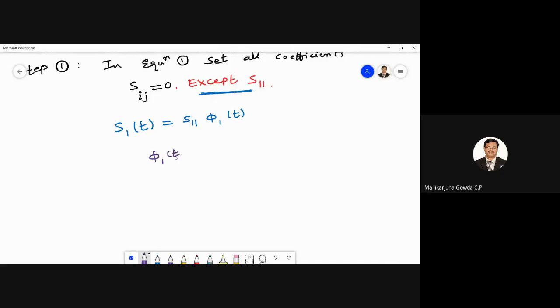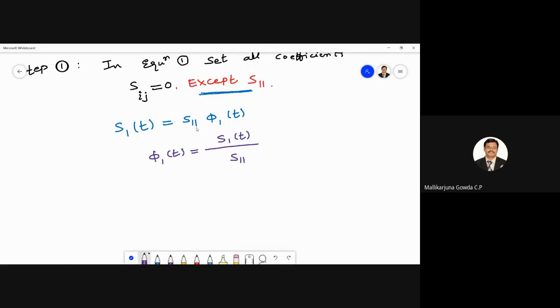My aim is to determine the orthonormal basis function, which is why I'm expressing this in terms of phi 1 of t, which is equal to S1 of t divided by S11, right?